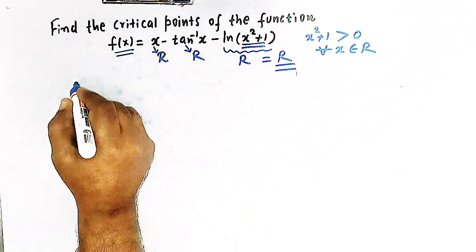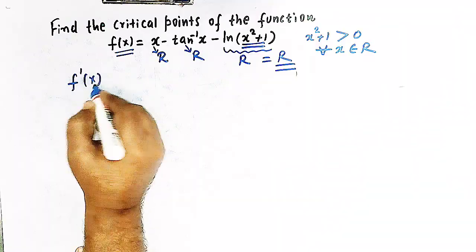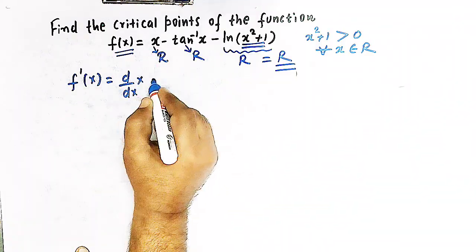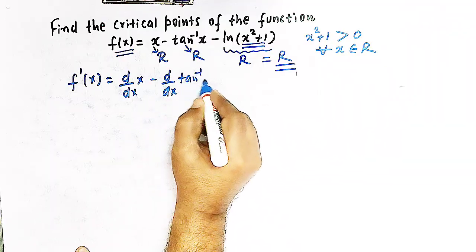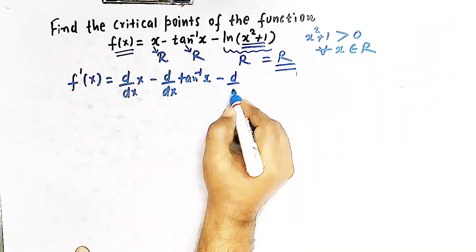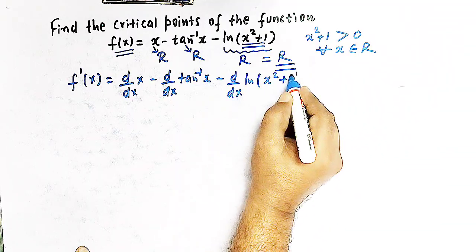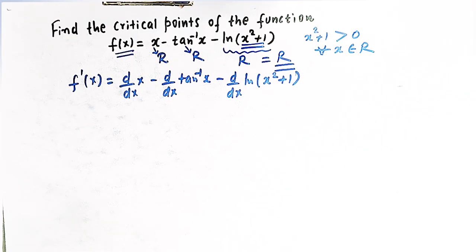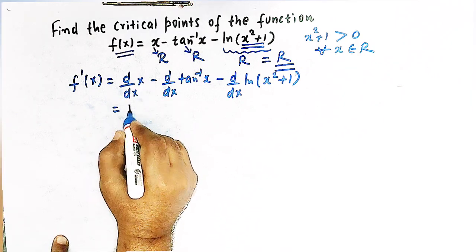So let us first find out the derivative of f of x, that is f prime of x. So we have d by dx of x, then d by dx of tan inverse x, then d by dx of natural log of x square plus 1. Here the derivative of x is simply 1.